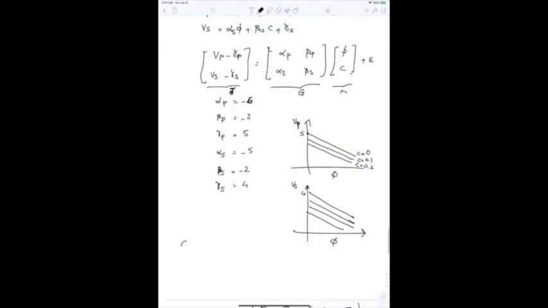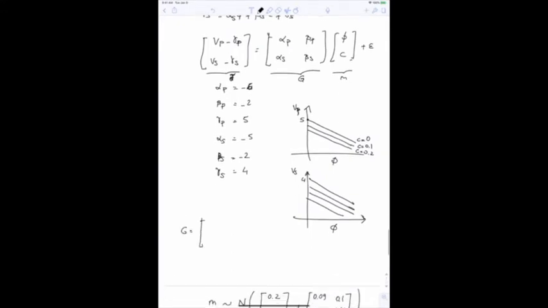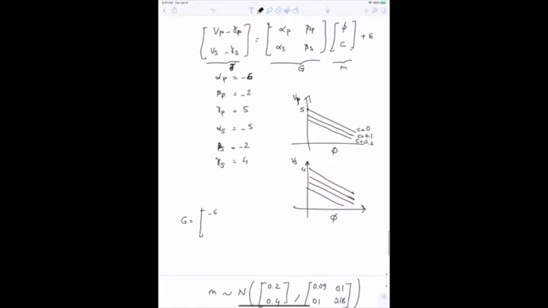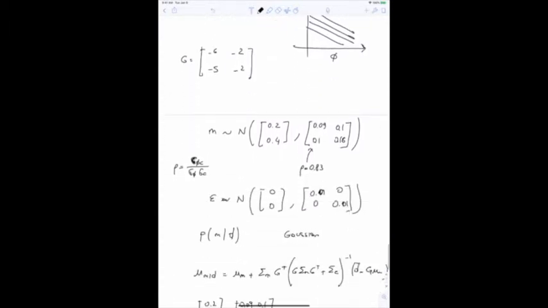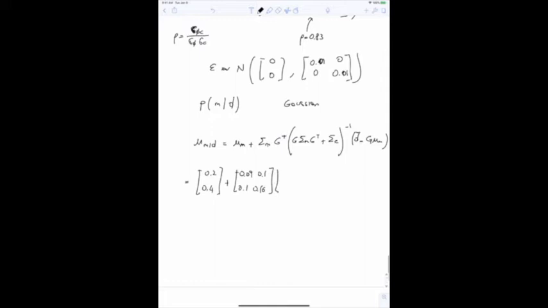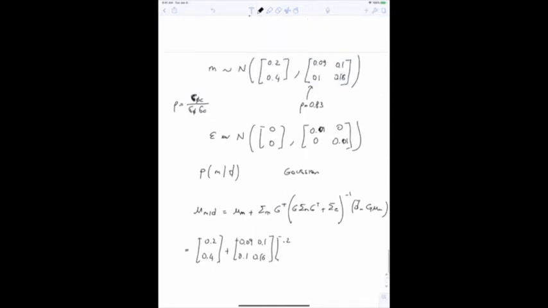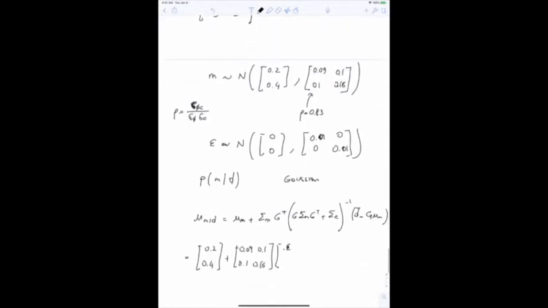I guess I have to explicitly write G, which is minus 6, minus 2, minus 5, and minus 2. So the transpose would be minus 6, minus 5, minus 2, minus 2.